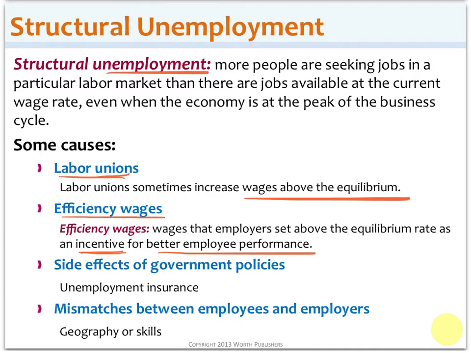Again, overall the number of jobs is enough for the number of workers in the U.S., but they're not in this particular industry. The structure of this industry is off.